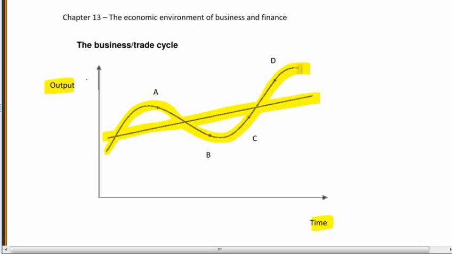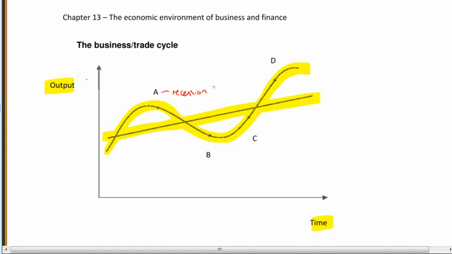Now what do these letters represent? Well, A is where we first sort of tip over and we go into recession. The official definition of a recession, I think, is the economy shrinking for 2 successive quarters.